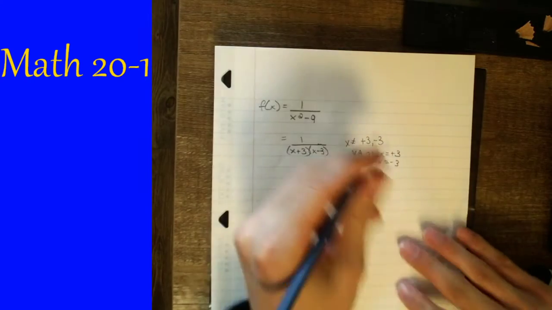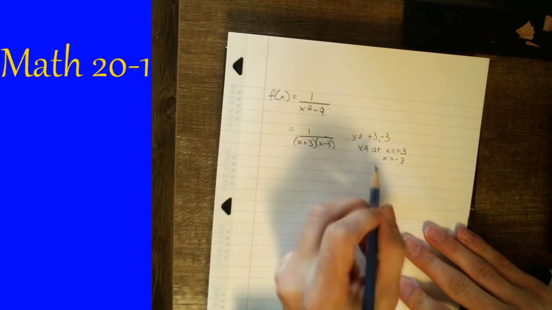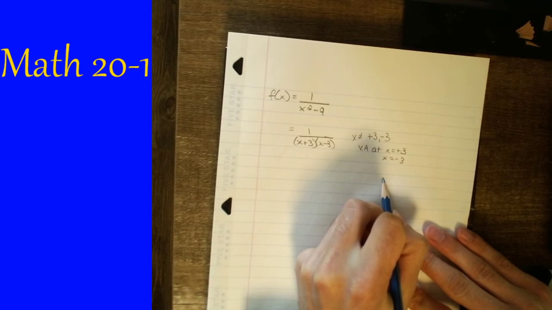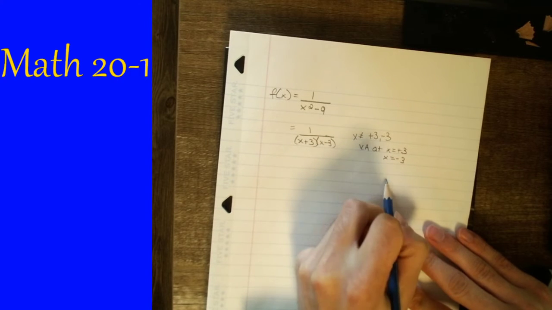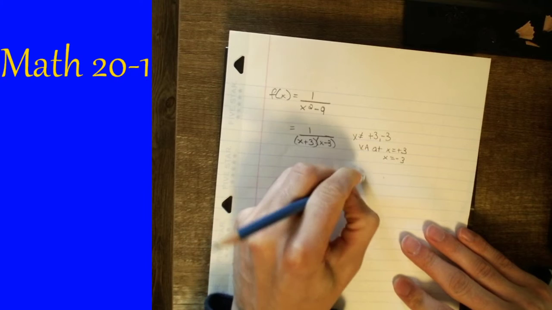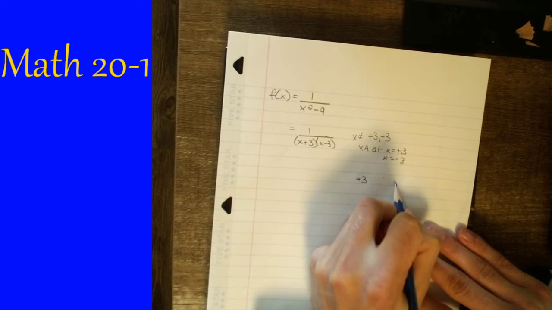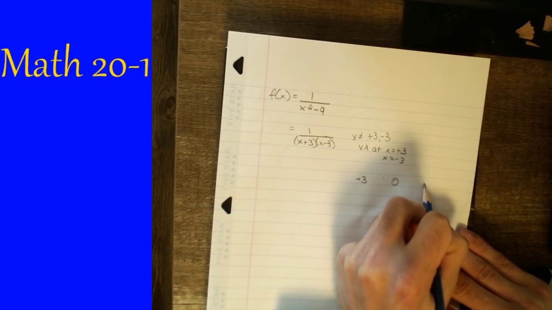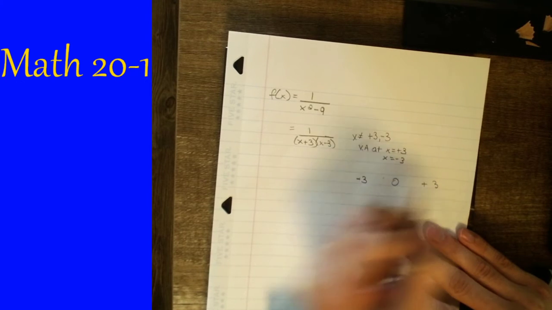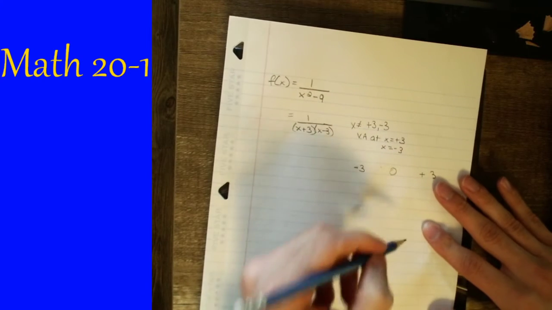Okay, so I'd like to take a look at some critical points here. Well, I want to look at negative 3. I want to look at 0. I want to look at positive 3. And the reason I want to look at 0 is because that's what's in between negative and positive 3.